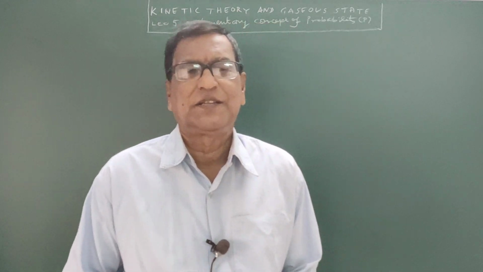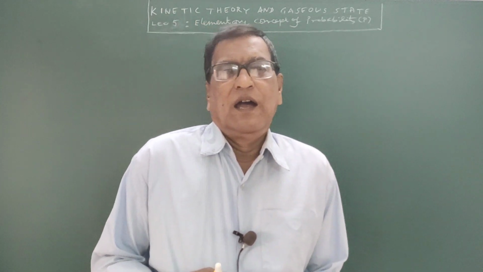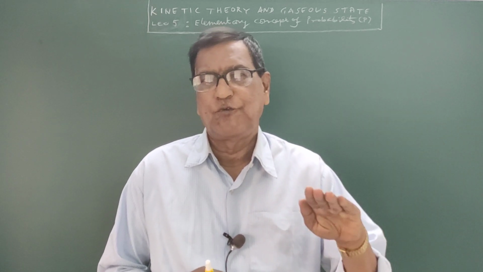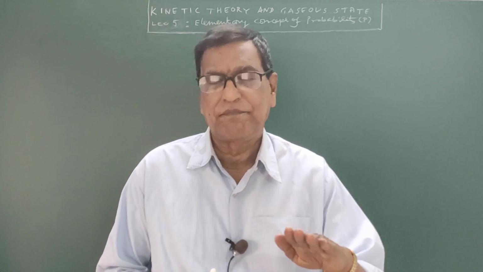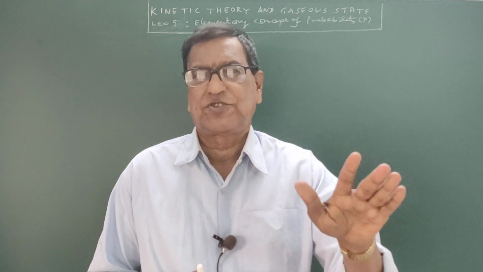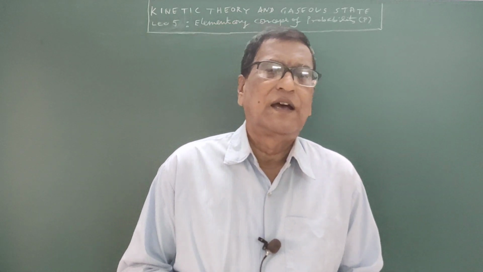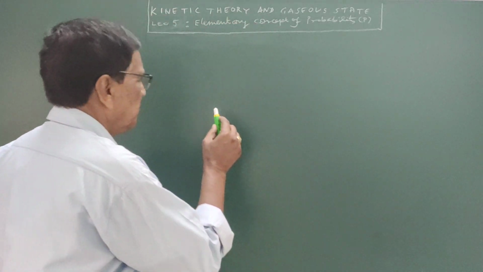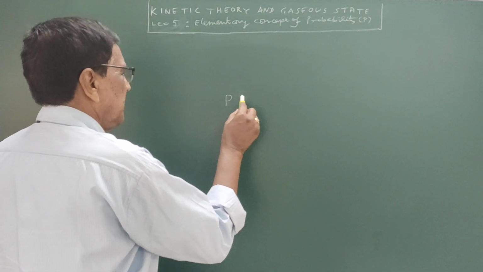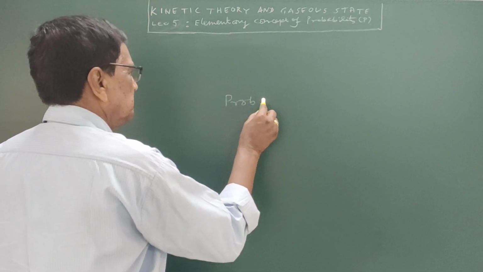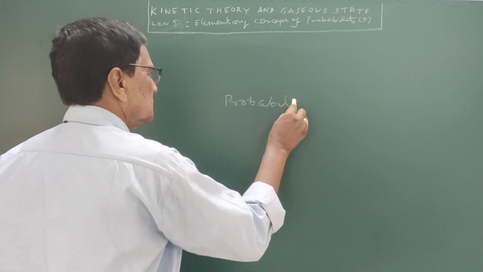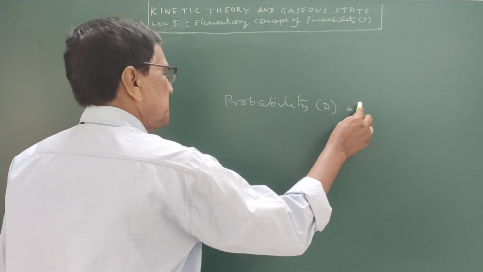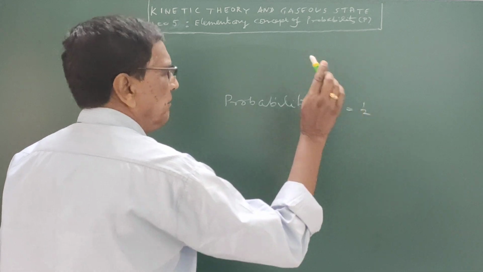In that case, the probability of this coin being head up when it is tossed is 50%, or the probability P is 50% or half.